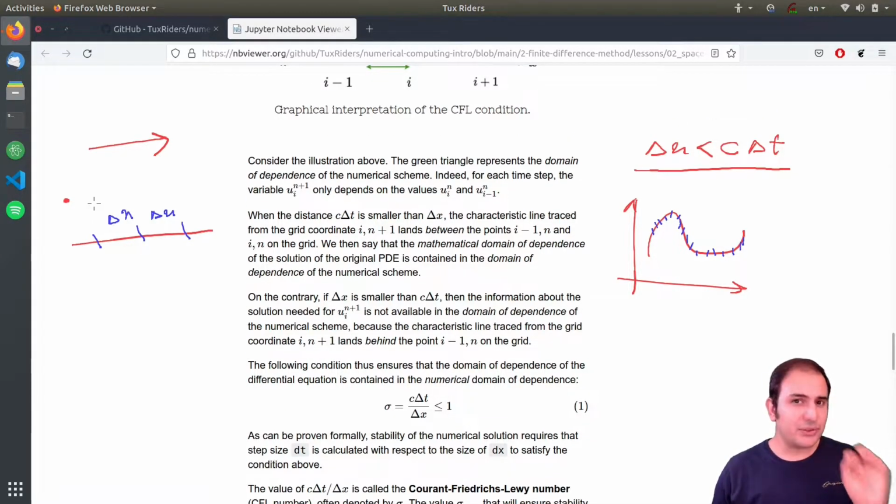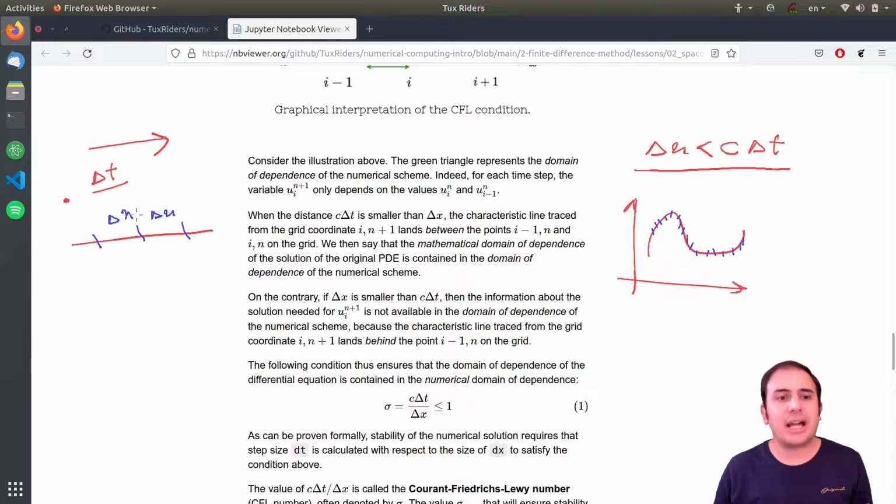The rule of thumb here is that at any time step delta t, the particle should not move more than one grid point, because otherwise we cannot track it. We cannot track what is happening here. For example, imagine that it goes here in the next time step. We don't know what has happened between these two locations.